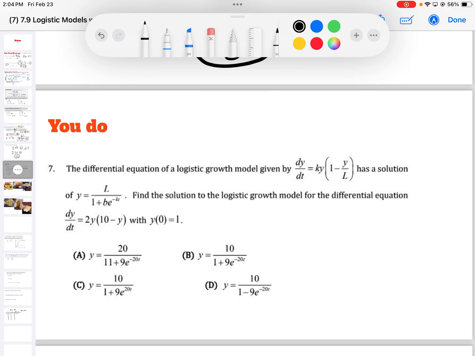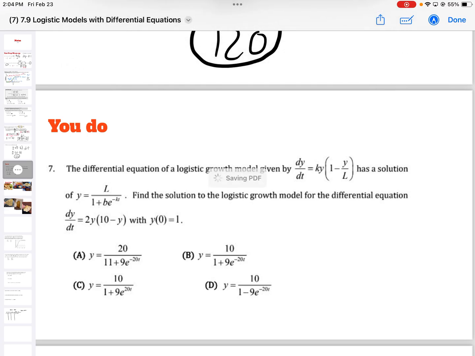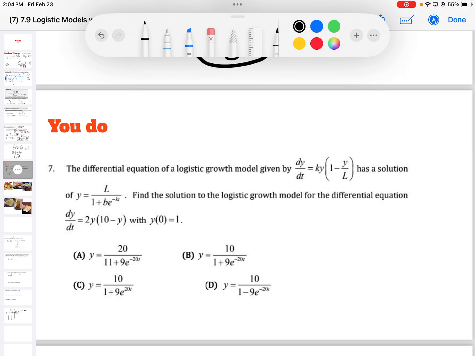What's the next step here? They're telling me this is the one.